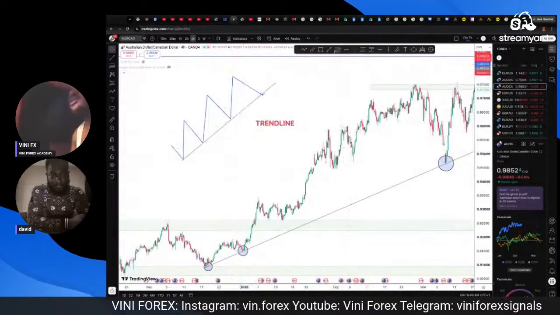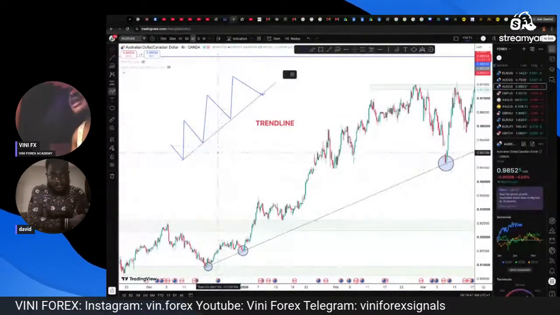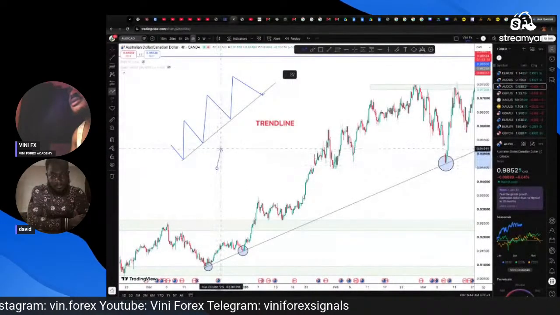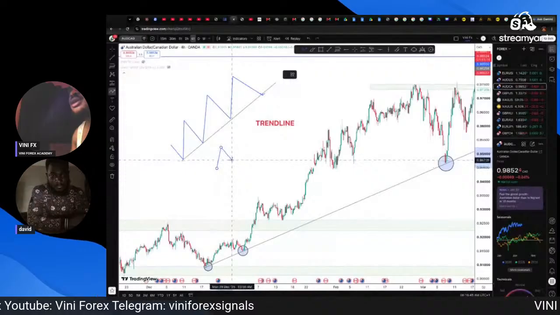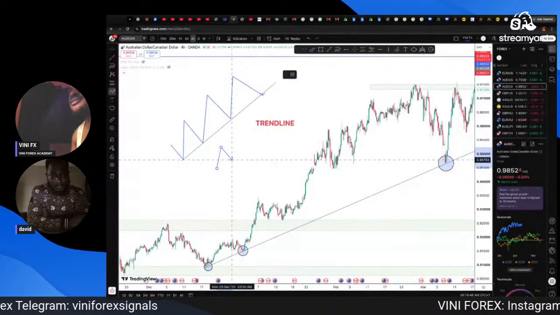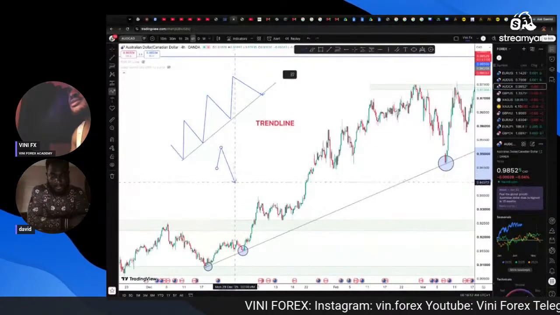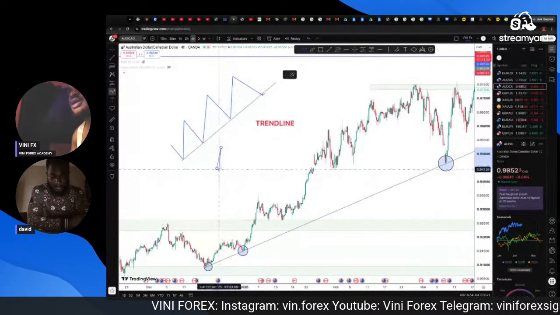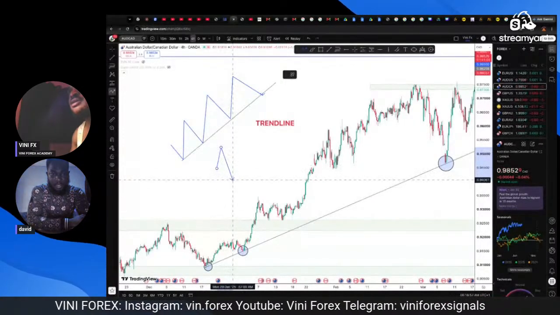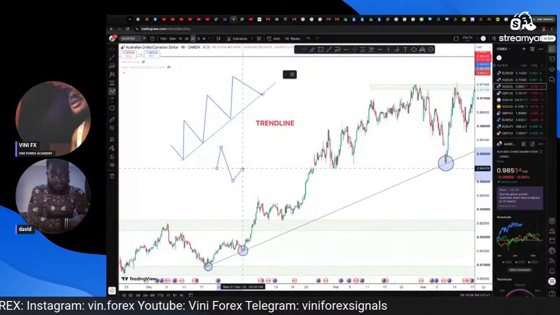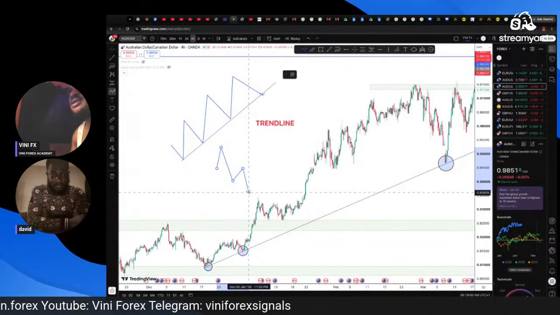Now, you can also put a trend line for a downtrend. So this is a high. Here is a low. Here is a lower high. Here is a lower low.